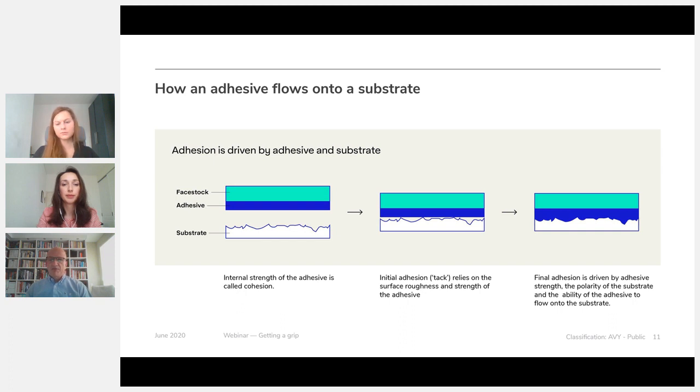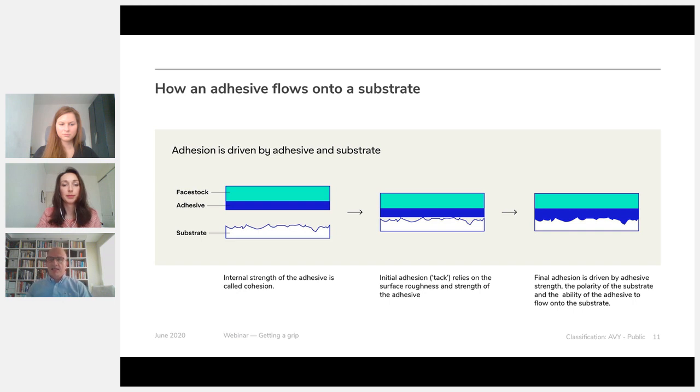When the adhesive first comes into contact with the substrate, it is able to touch immediately and stick to the peaks of the substrate. And this initial adhesion, which is referred to as tack, depends upon the roughness of the surface of the substrate, obviously, as well as the strength of the adhesive.